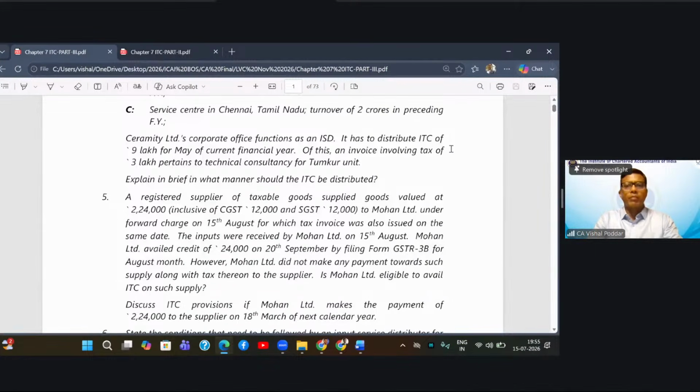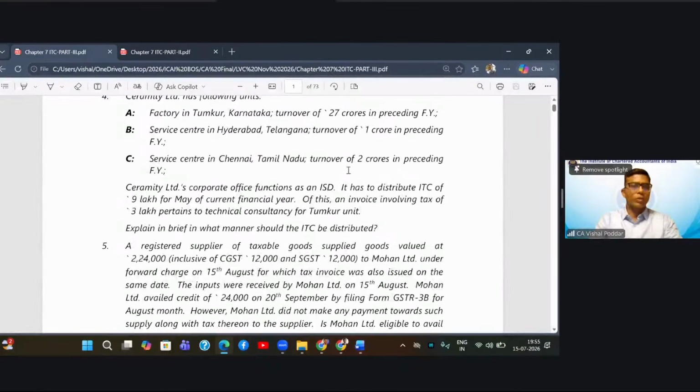Of this, an invoice involving tax of 3 lakhs pertains only to the technical consultancy of Tumkur. Now we know what is to be done. Out of total 9 lakhs, 3 lakhs is a specific credit that will be given to Tumkur. After reducing this 3, the balance is 6 lakhs. Now, 6 lakhs is for all the 3 units combined. So, 6 lakhs will be distributed in the ratio of 27 is to 1 is to 3.